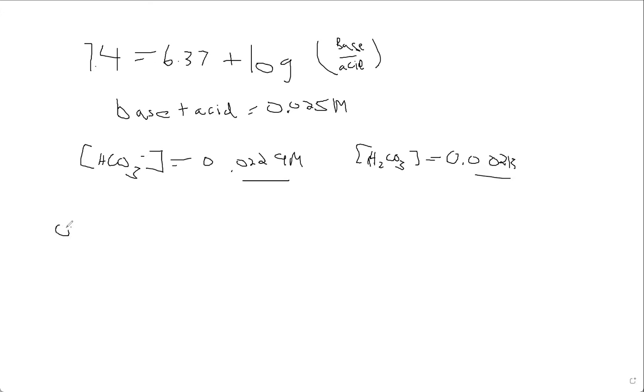So we have 0.0229 moles of bicarb, and we have 0.00213 moles of carbonic acid.